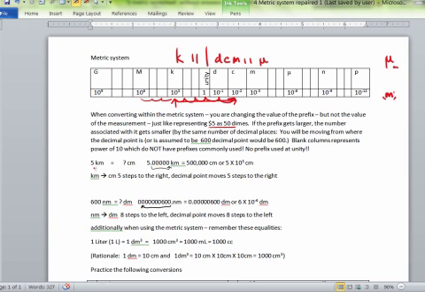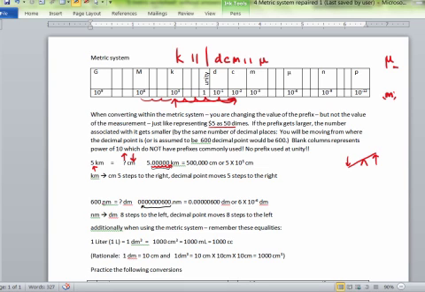We take the decimal point, where it is assumed to be at the end of the number, and move it 5 places to the right, which gives us 500,000. What you see happening is that this unit is smaller, so the number that goes with it needs to get larger. It's like a seesaw: if the unit gets smaller, the number gets larger, or vice versa.